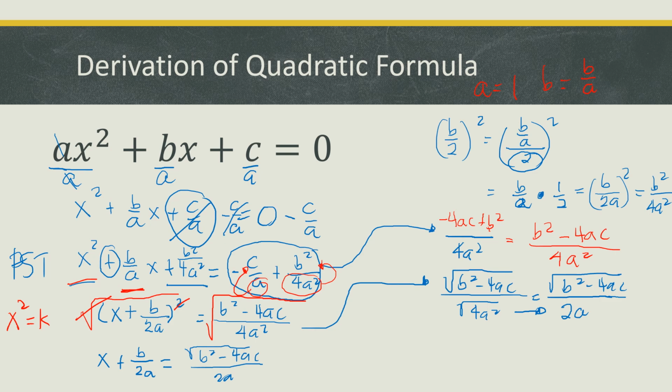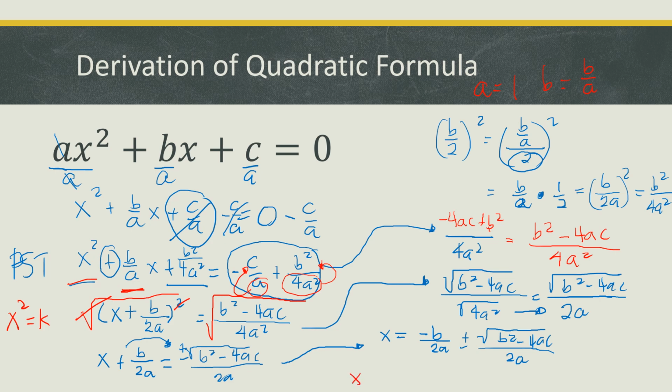So what we need to do is to transpose positive b over 2a to the other side, and that will give us x is equal to negative b over 2a. From positive it becomes negative. Then, since we have here a square root sign, it is a positive and a negative: positive, negative, square root of b squared minus 4ac all over 2a. Since they have the same denominator, we can just copy the denominator.